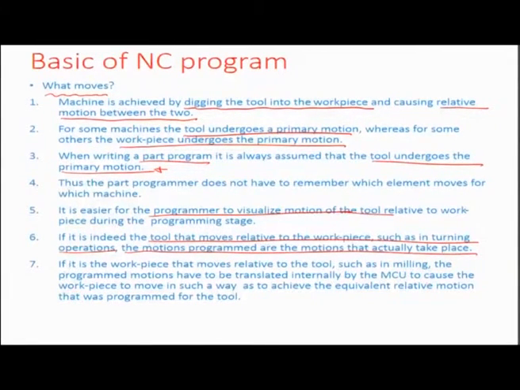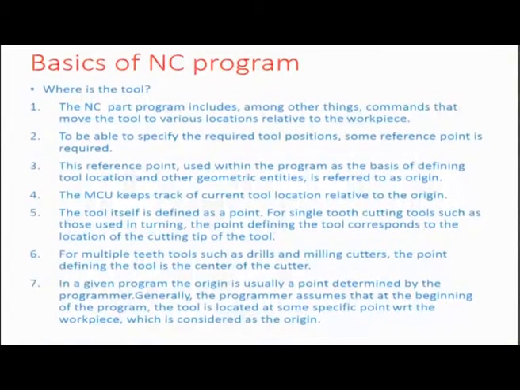If it is the workpiece that moves relative to the tool, such as in a milling operation, the programmed motions have to be translated internally by the MCU. It is none of the programmer's business to cause the workpiece to rotate. This achieves the equivalent relative motion that was programmed, assuming the programmer was a part of the tool. So, that is one very basic aspect of NC programming.